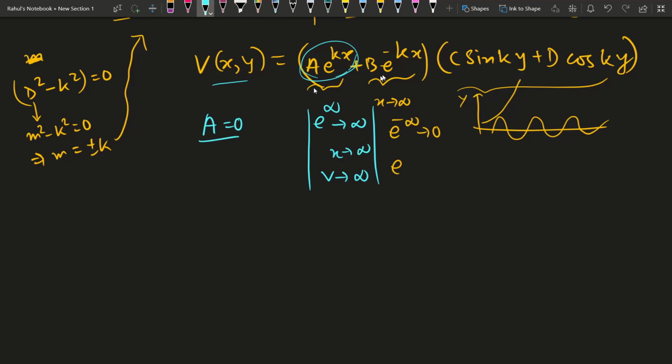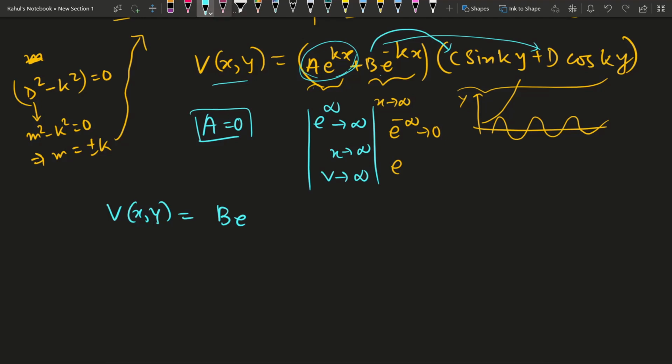Then if we put x tends to infinity, this will become 0, and this is oscillatory, so the total product will be 0, which matches our boundary condition, right? So a is equal to 0, this is one thing. So what is the form right now? I am taking b inside the bracket, with the constants c and d, for simplicity.